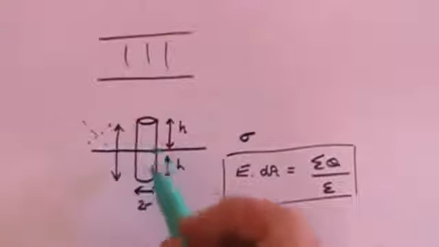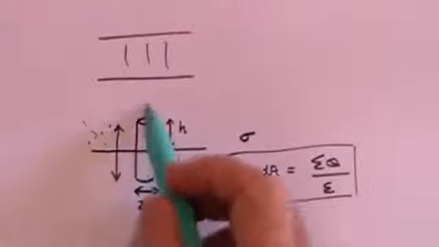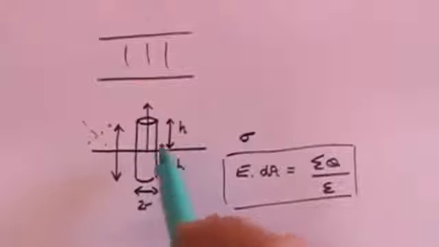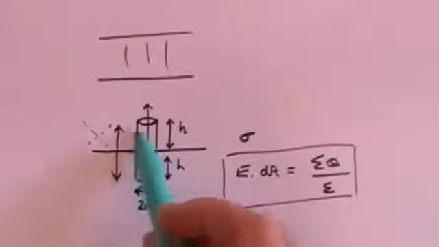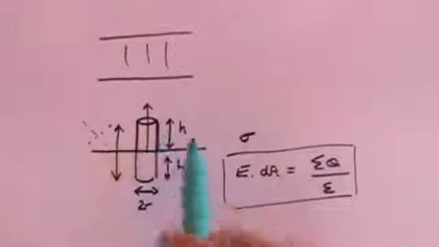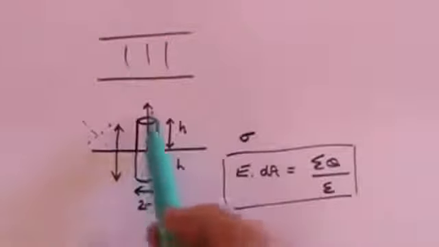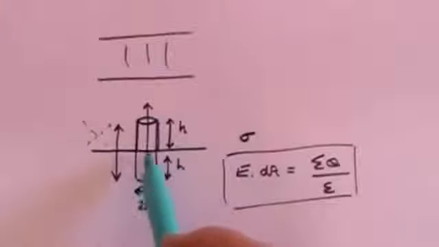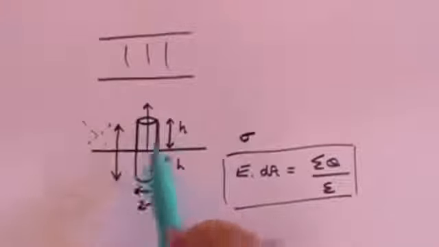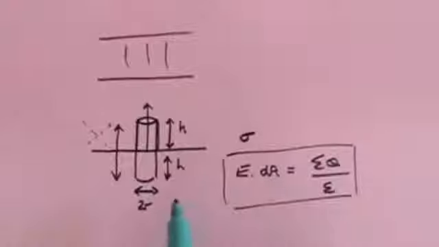So the field always leaves at 90 degrees. So how much field goes through the sides of the cylinder? Answer: none, because it's all going parallel and it won't go through the side of the cylinder. So the only flux goes through the top and the bottom of the cylinder.